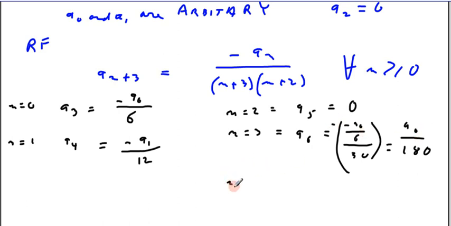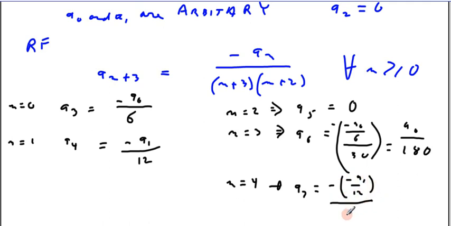And then I look at a7, which is going to be minus a4, which is minus a1 over 12, divided by 42, which is 6 times 7, 42, which is going to be a1 divided by 504.